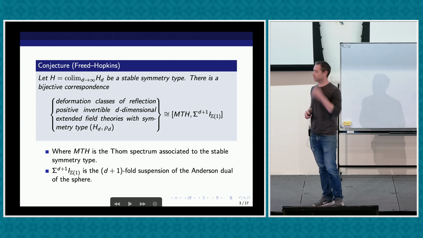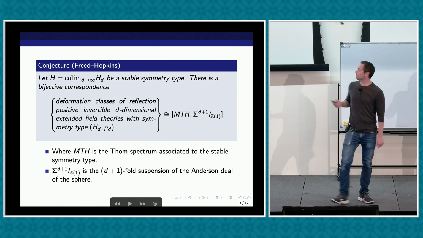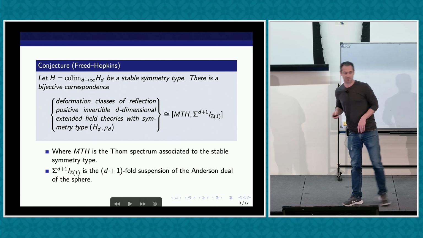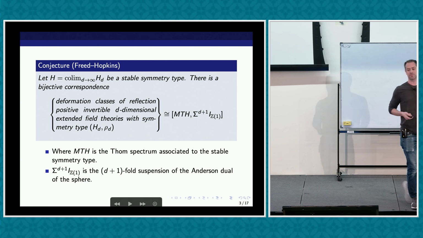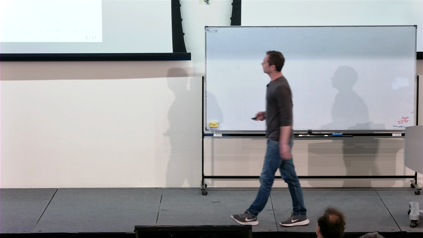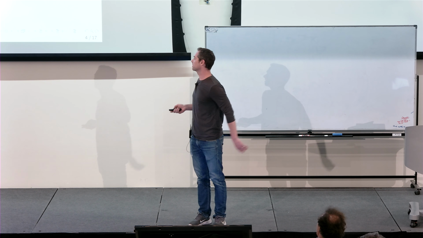And the second holdup is that you have to promote this spectrum; you need to somehow include the geometry, and it's not clear how to do that. I'll say more about this later, but there are two problems that prevented them from proving the conjecture, and really it's about including the geometry.